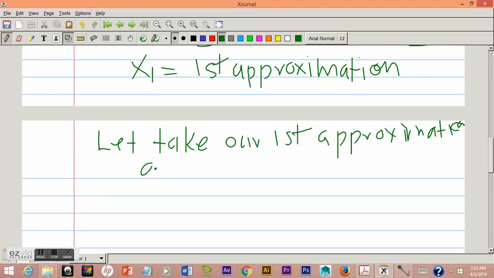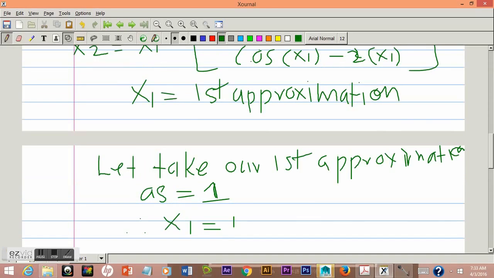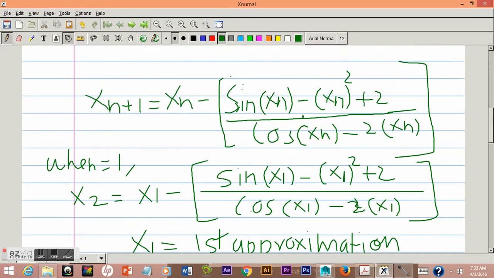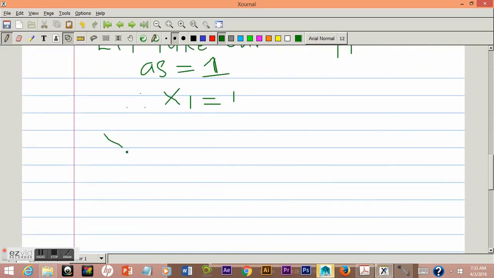Then you will get x2 equal to 1 minus sine of 1 minus 1 squared plus 2 over cosine of 1 minus 2 into 1.